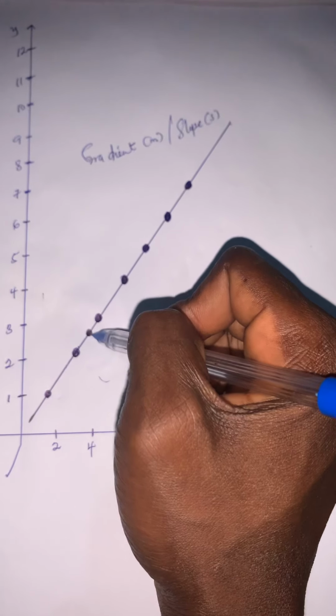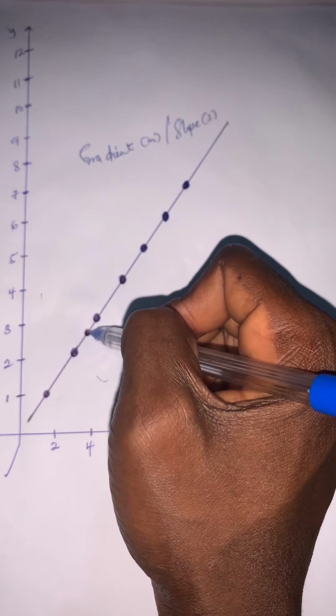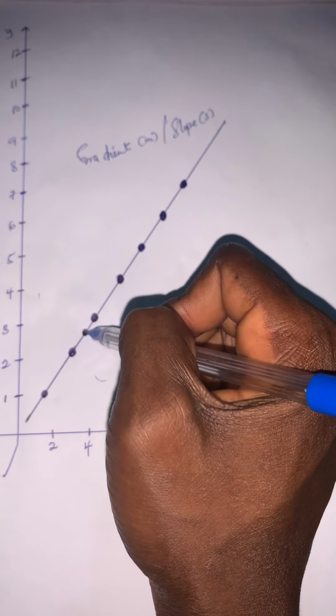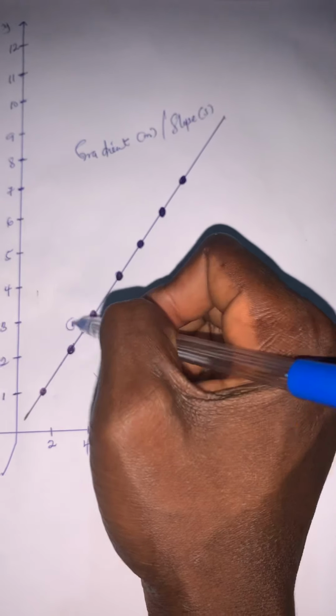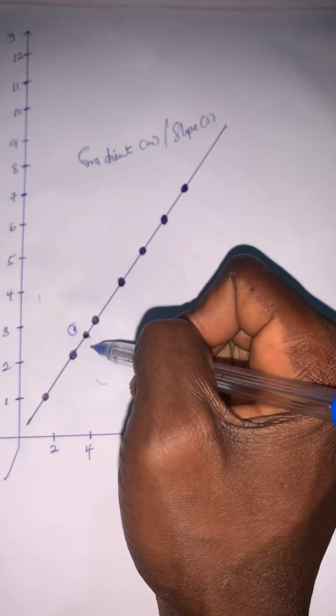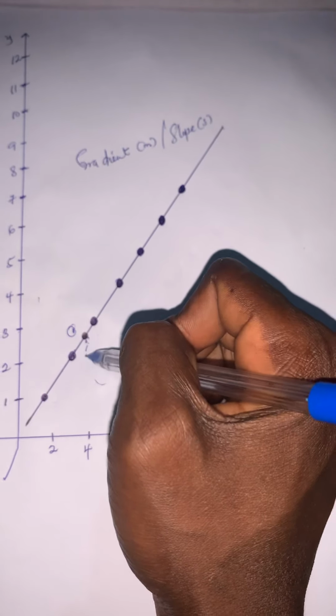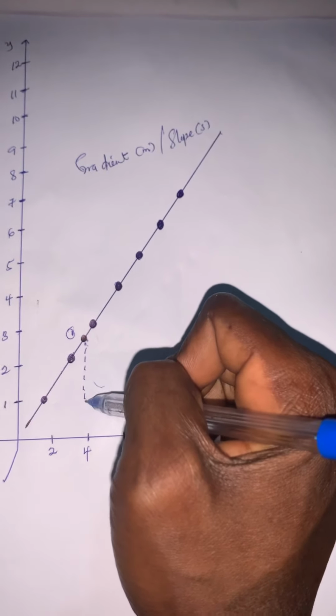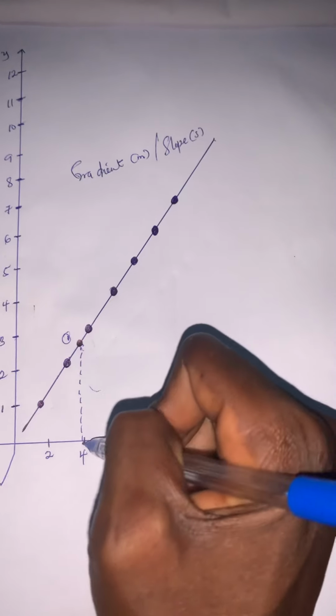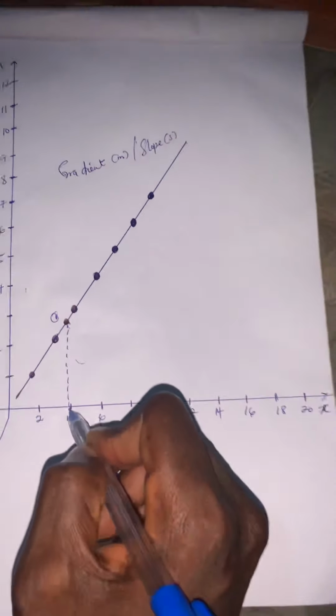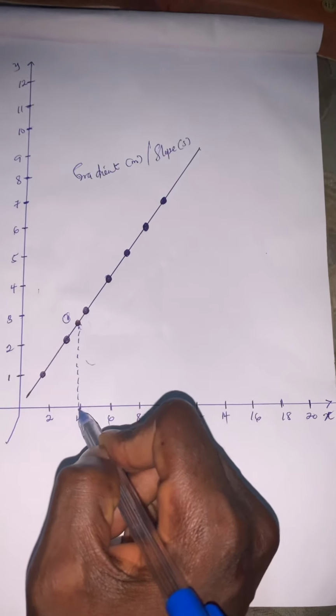I'm assuming that this is the point I want to pick, or select. So point 1. Then I will trace this point to the x line, or the horizontal line.